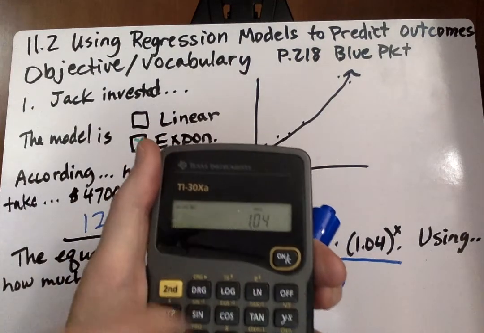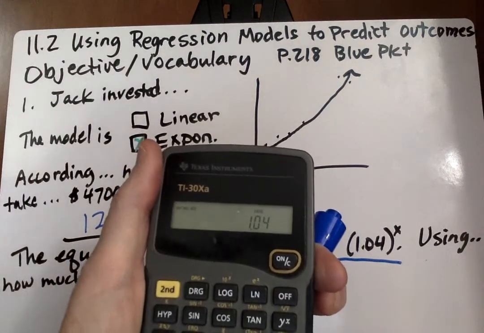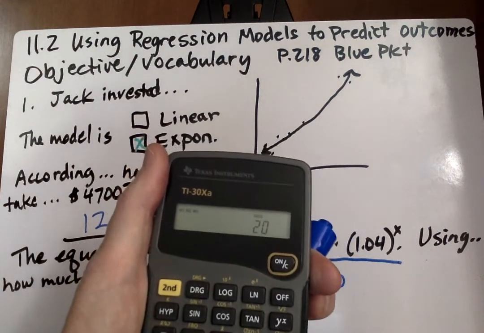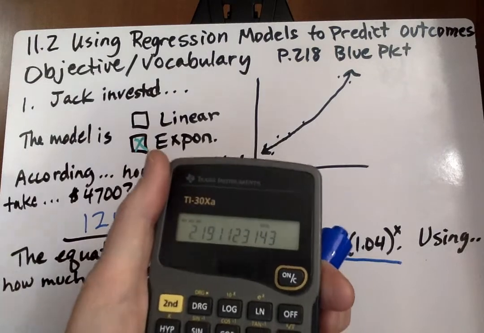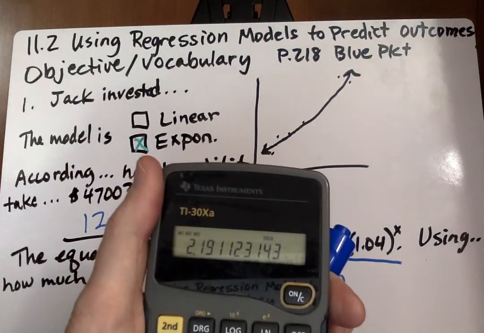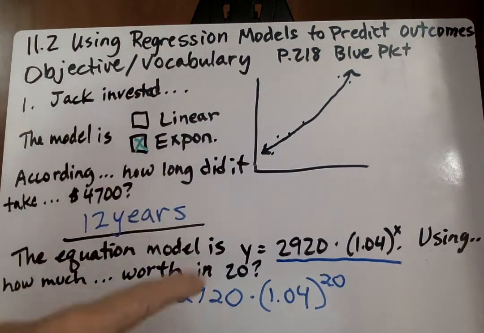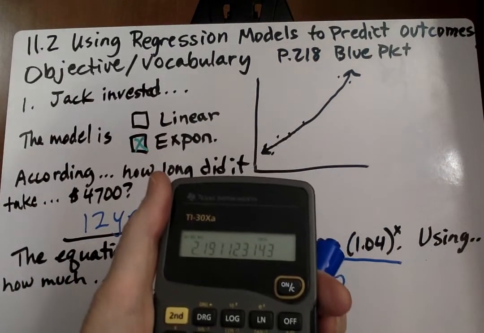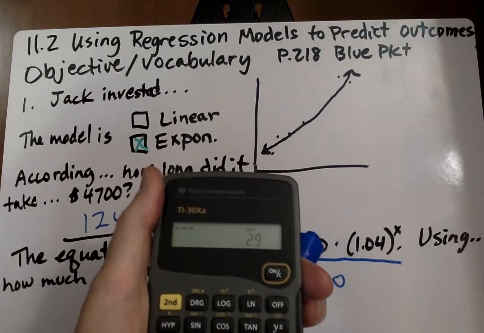Now to raise it to a power, we use this y to the x button. So we go y to the x, 20. Now we must put equals. That'll give us a big old long ugly decimal, and that's okay. We're going to leave it in there and just multiply it by 2920. So we go times 2920.